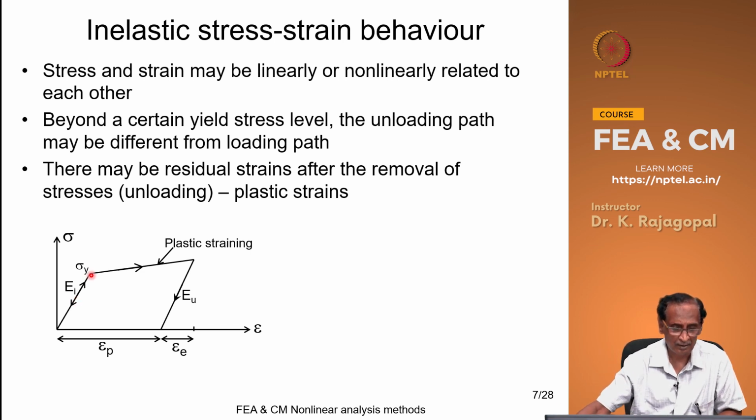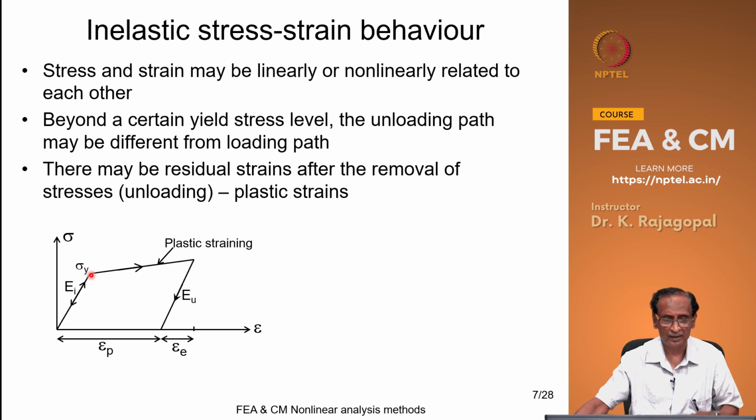All the strains that you have induced because of this loading are recovered. But beyond this yield stress, when you enter the plastic straining or the plastic state, when you unload, you are going to leave behind some permanent strains, that is called as the plastic strain, epsilon p, and the part of the strain that is recovered is called as the elastic strain.